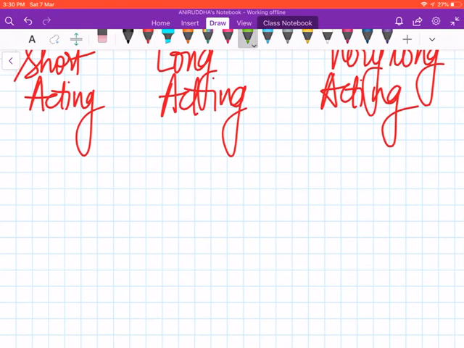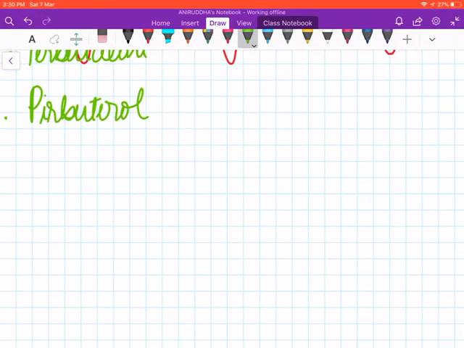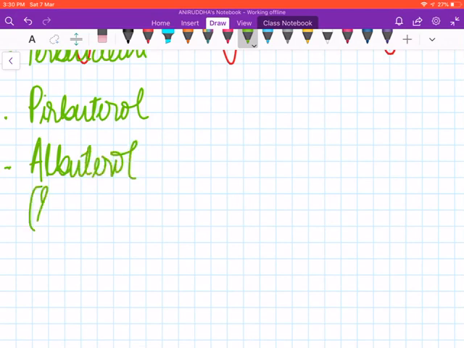Let's learn their names first. Short acting beta agonists include terbutaline, then there is berbuterol, there is albuterol, also known as salbutamol, and there is metoprolol.